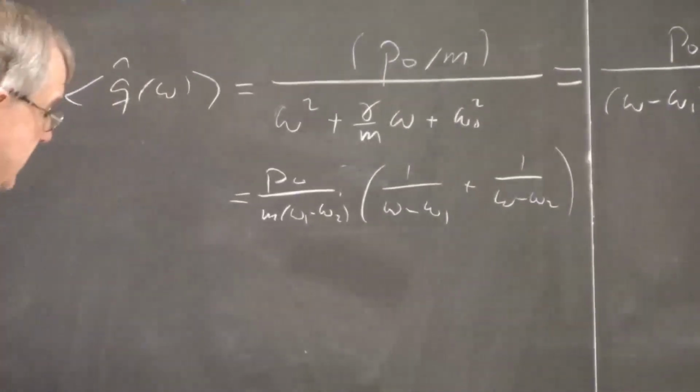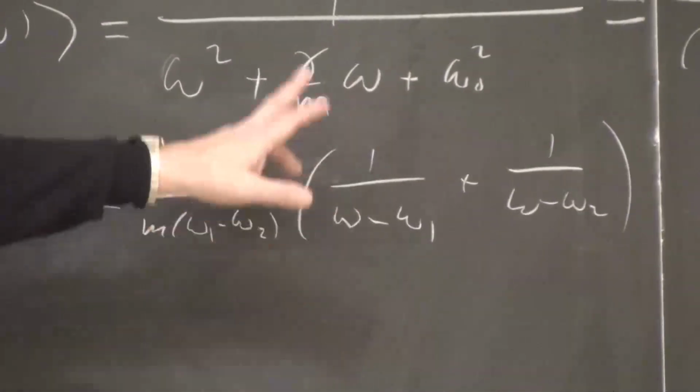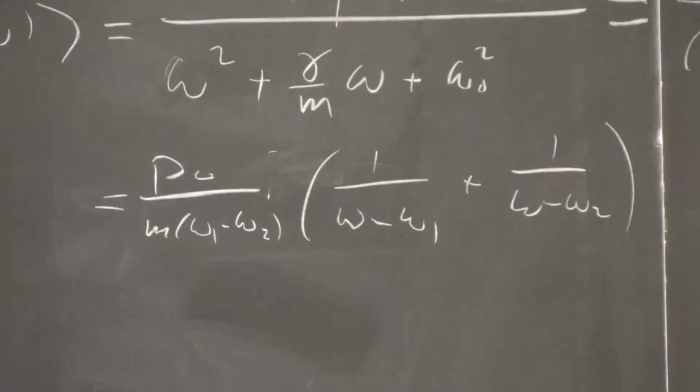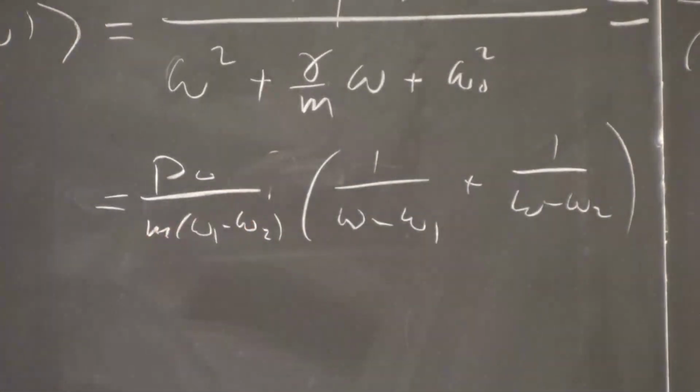So if you do this and then you expand, you put here in numerator and denominator omega minus omega 2 and here omega minus omega 1, you can very quickly prove it's right.